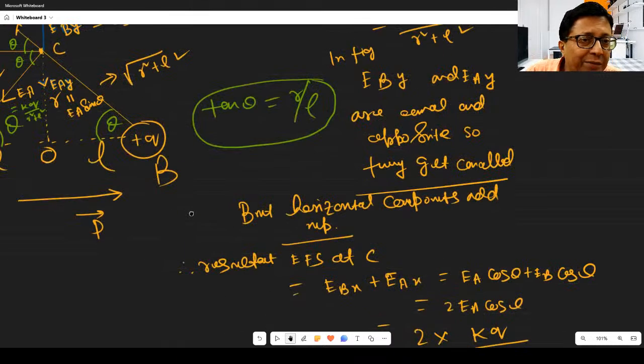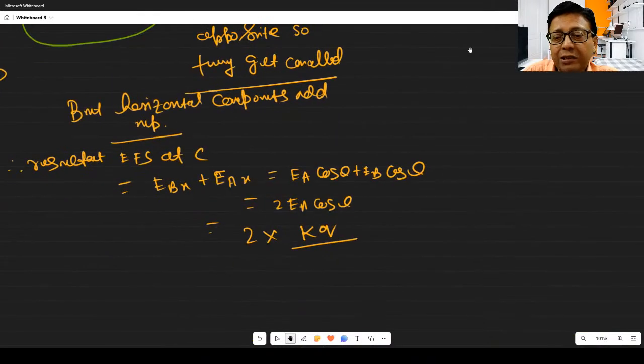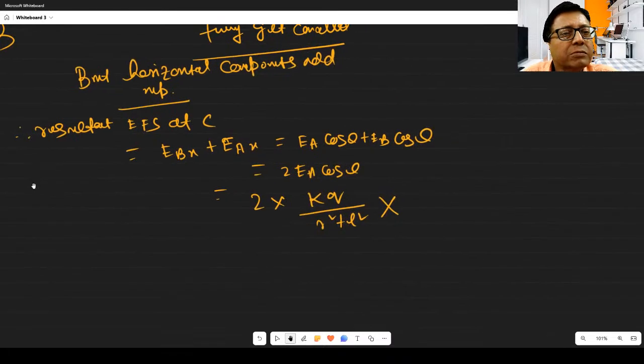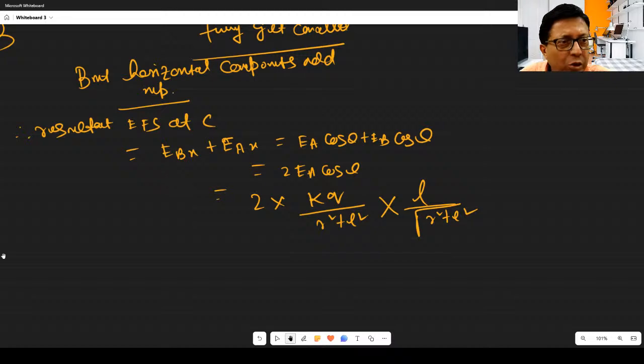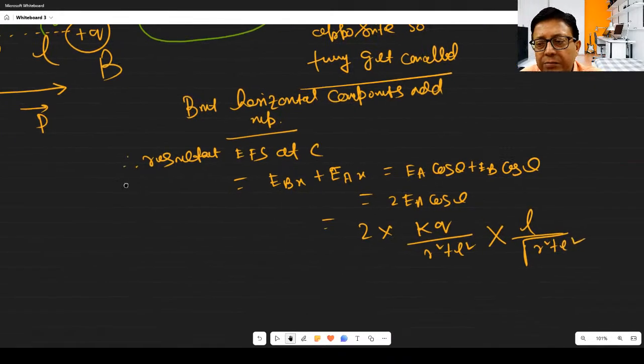A and B we have calculated earlier. This is KQ by R square plus L into cos theta. Cos theta is what? L by this.